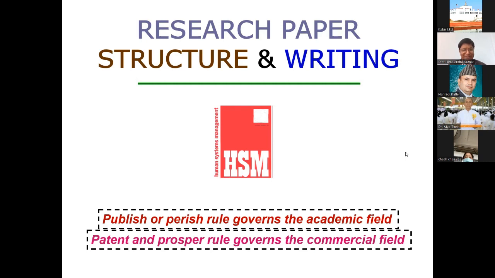So this is the main aim. The research scholar must be dedicated, must be sincere, and must know the process of how to write a good research paper and how it may be published in a good peer-reviewed journal. That should be the main aim of our research scholar.